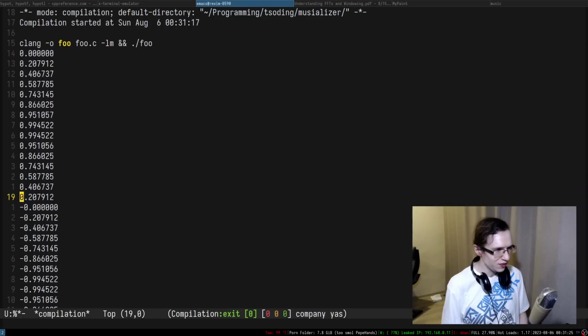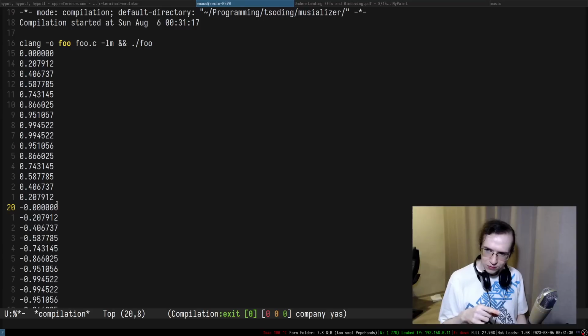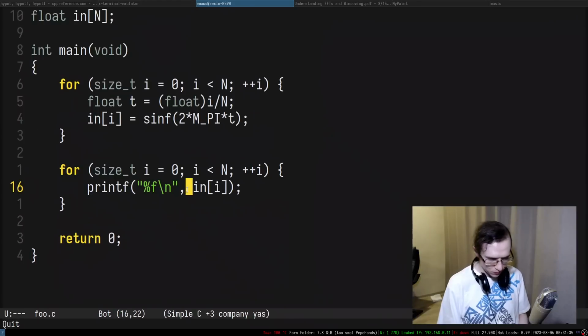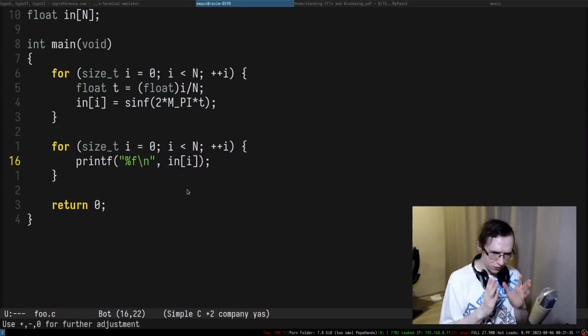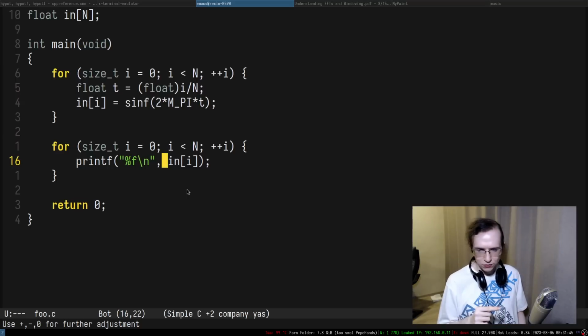It's kind of difficult to see this. You can see the numbers, but it would be nice to visualize that sine wave somehow. One thing we can do is, depending on the value of the sample, print the corresponding number of characters, which creates an ASCII representation of a sine wave.